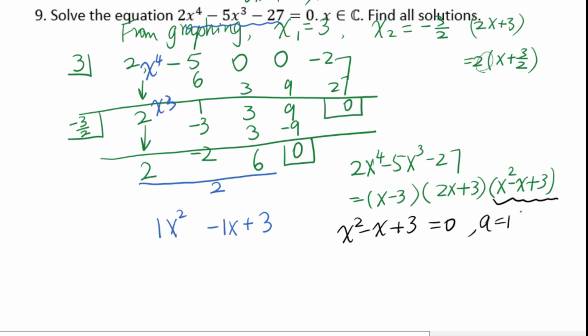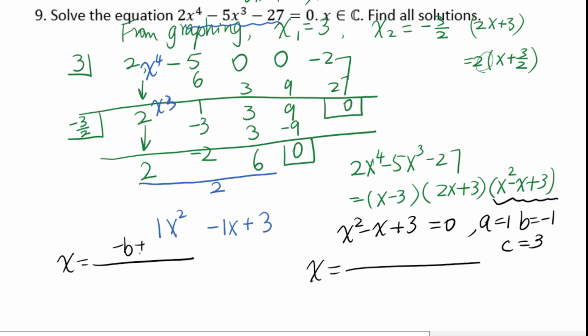A equals 1, B equals negative 1, C equals 3. So x equals, we know the formula, x equals negative b plus or minus square root b squared minus 4ac over 2a.